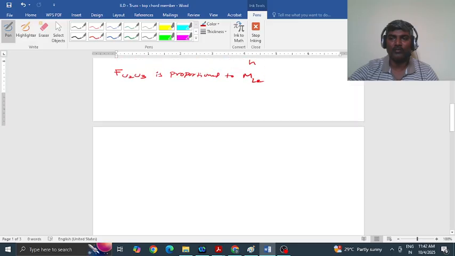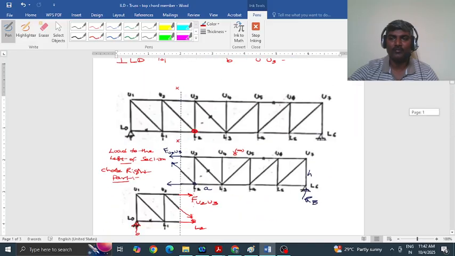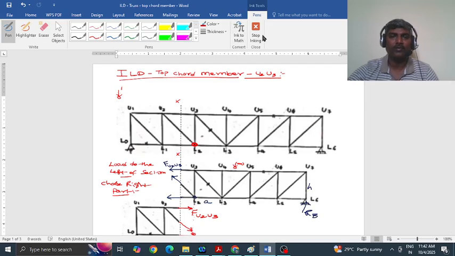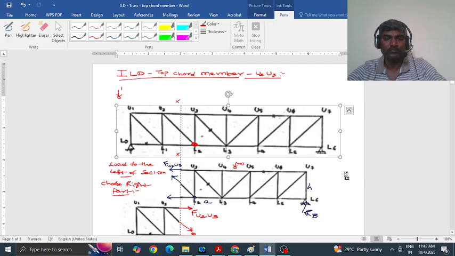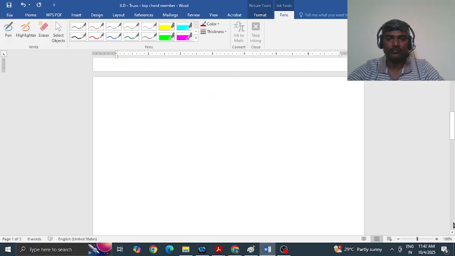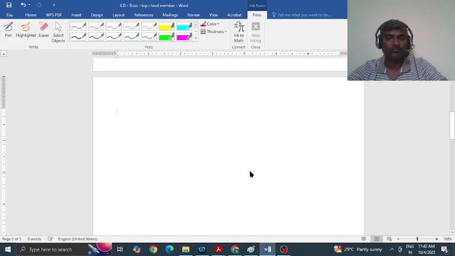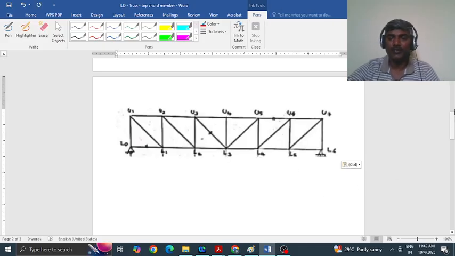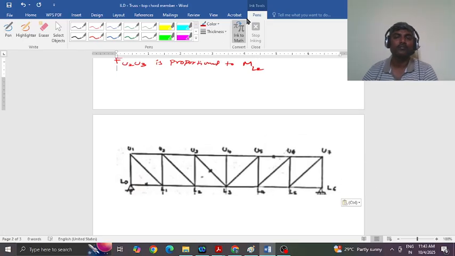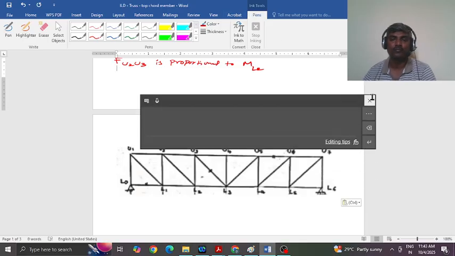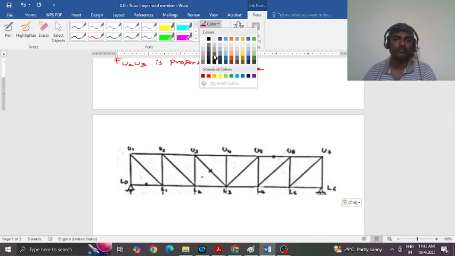We will plot now the ILD. Choosing a color for this plot.